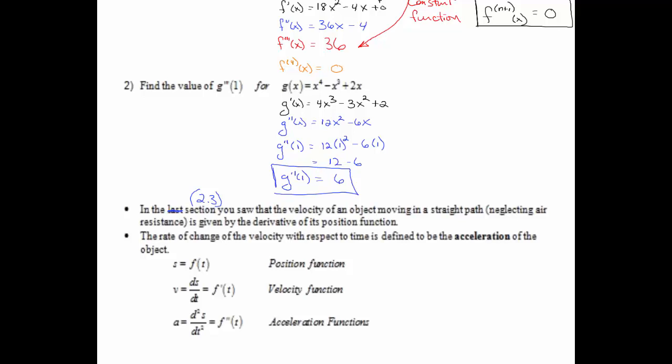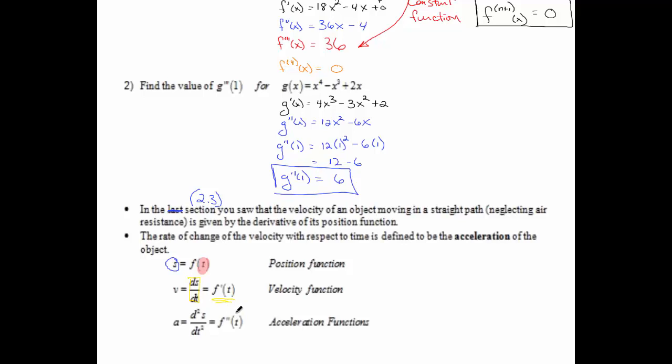So what is generally notated for a position function is using the variable s. So s equals some function of time, or t. Remember, velocity is the derivative of the position function, or f prime of t.